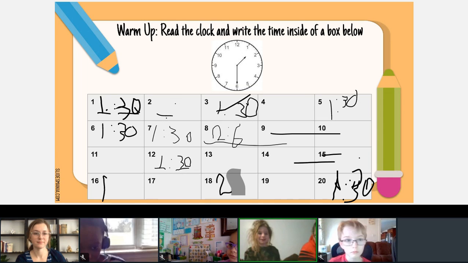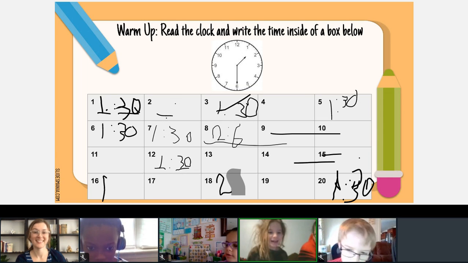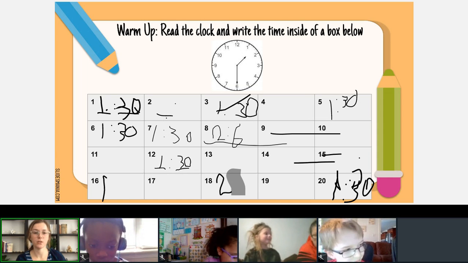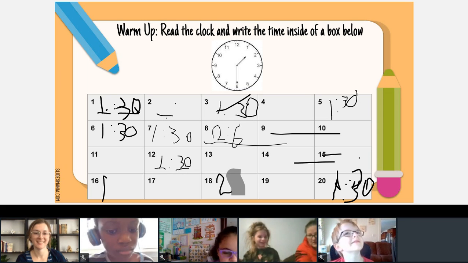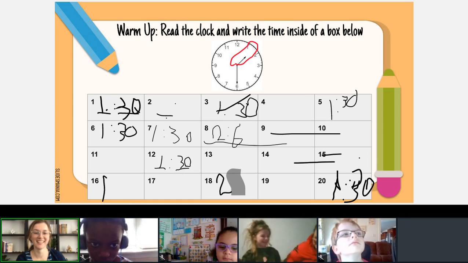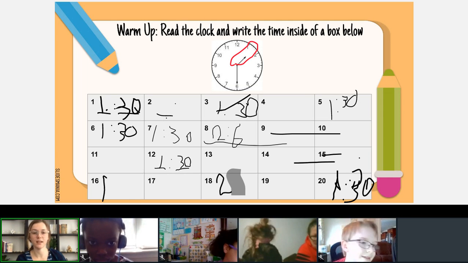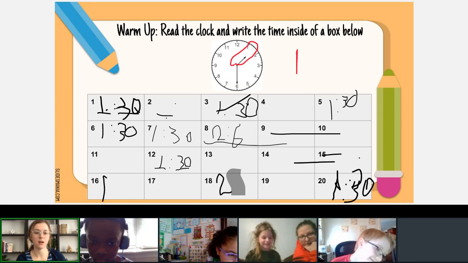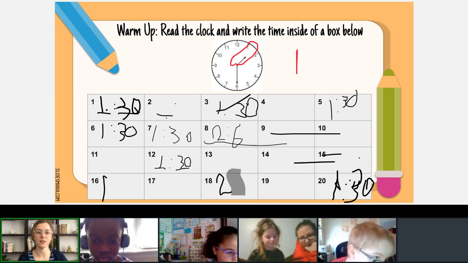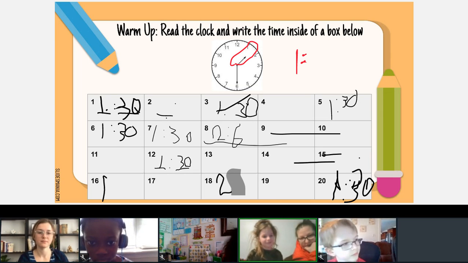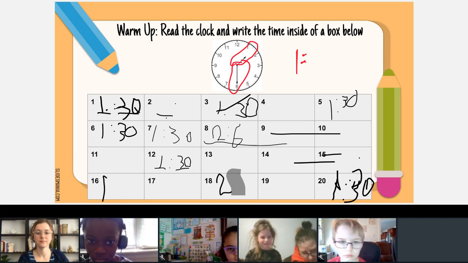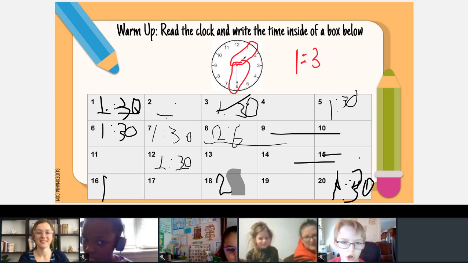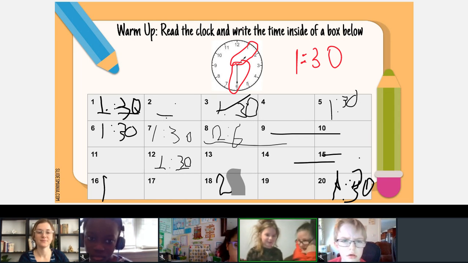Because it's in between the 1 and a 2. And it's a 6. So the hour hand is in between the 1 and the 2. So what hour does that tell me it is? 1. If it's in between, it means it's 1 because it always belongs to the smaller one. And then you said it was pointed at the 6. Yeah, so that tells me what for the minutes? 30. 30, yeah. Thanks, Lily. You're welcome.